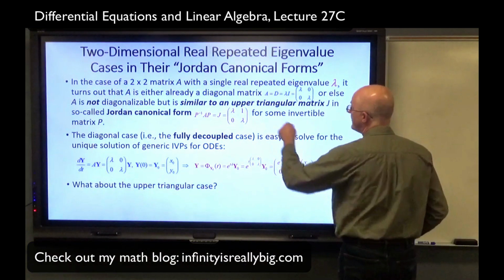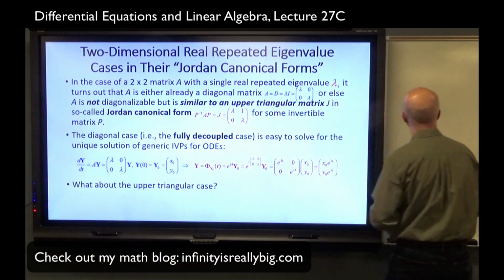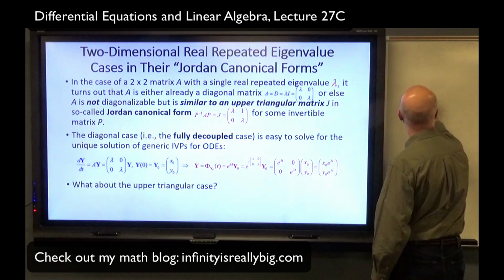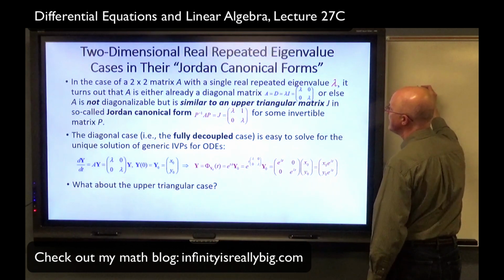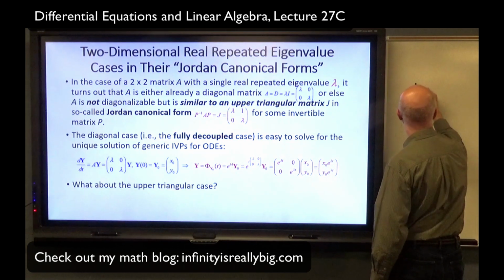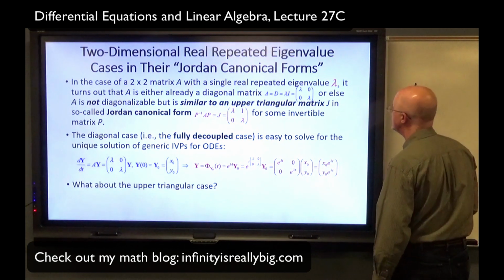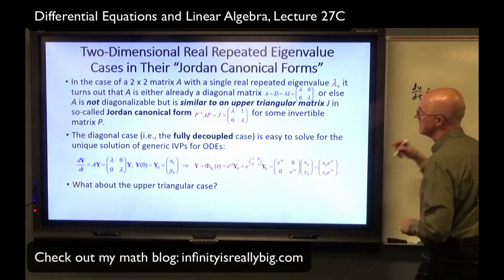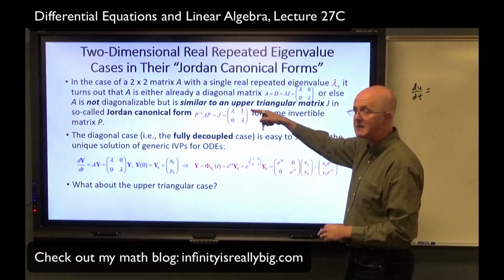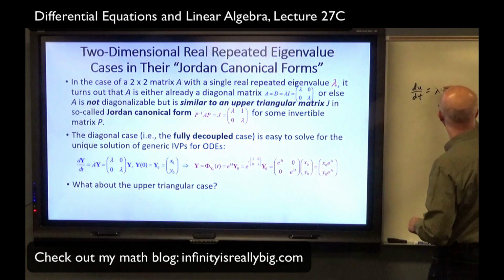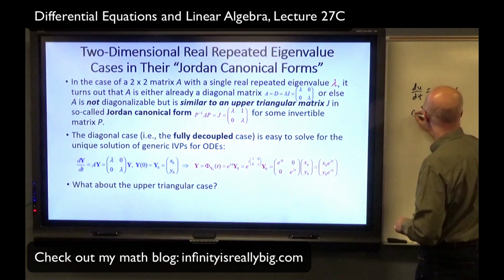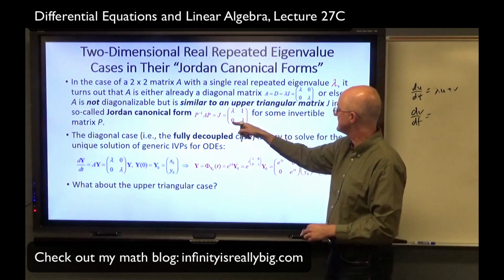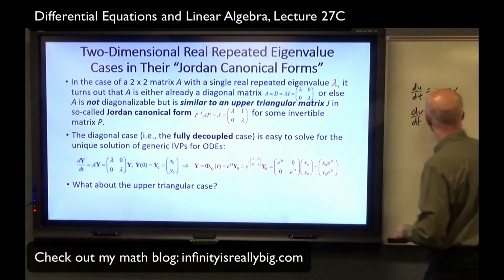If this is your coefficient matrix, lambda, 1, 0, lambda for a given system of differential equations, and if you call the variables for that system u and v, it would correspond to du dt equals lambda u plus v, looking at the first row, and dv dt, from the second row of the matrix, 0u plus lambda v. You just get lambda v.